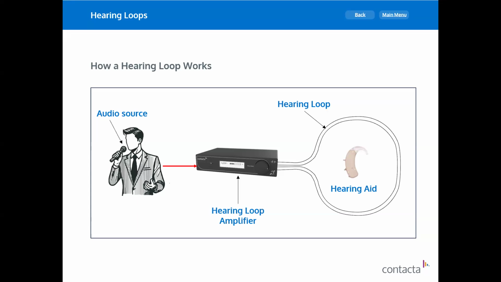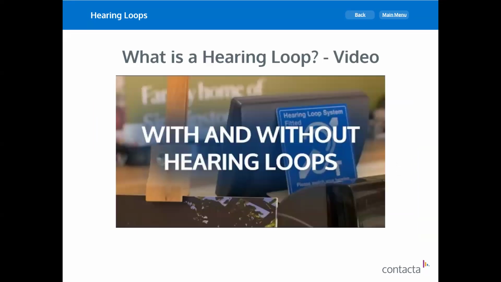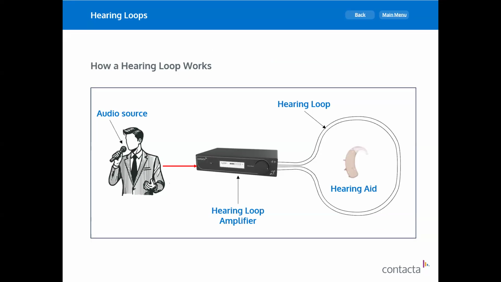It creates a cloud in the area of the loop, and that cloud is able to deliver sound through the magnetic field. A hearing aid user can walk into that cloud and receive the sound direct into their hearing aids.